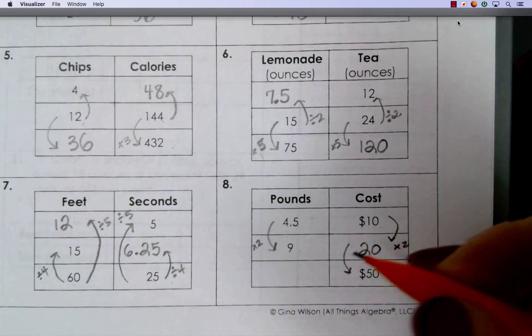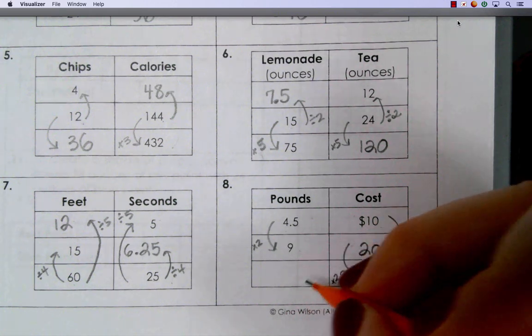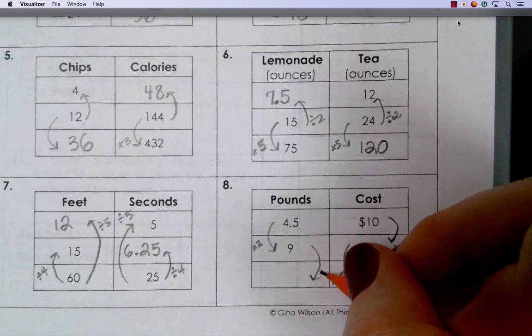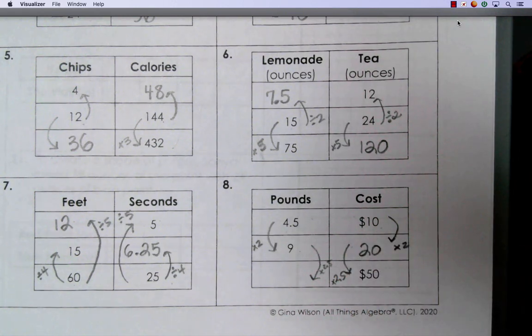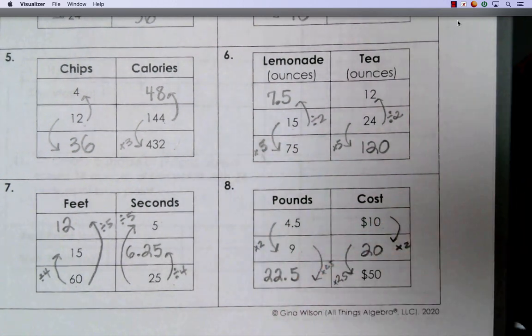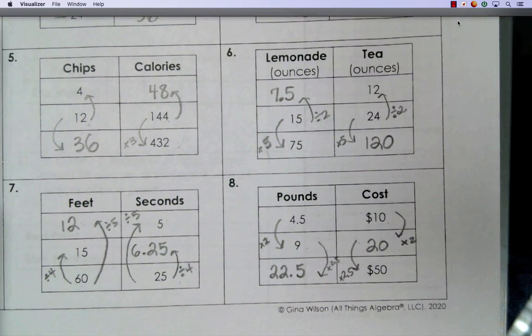Okay, so I multiplied by 2.5, and then I'm going to go 9 times 2.5. I get 22.5 pounds. And again, as you're creating these tables, you can always simplify.